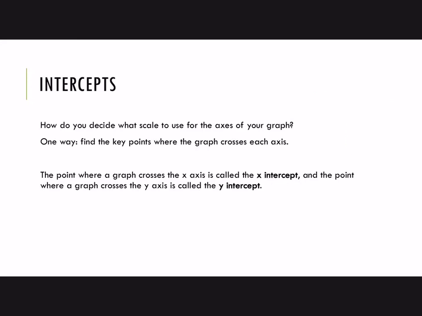Those key points where the graph crosses the x and the y-axis are called the intercepts. The x-intercept is where it crosses the x-axis, and the y-intercept is where it crosses the y-axis.